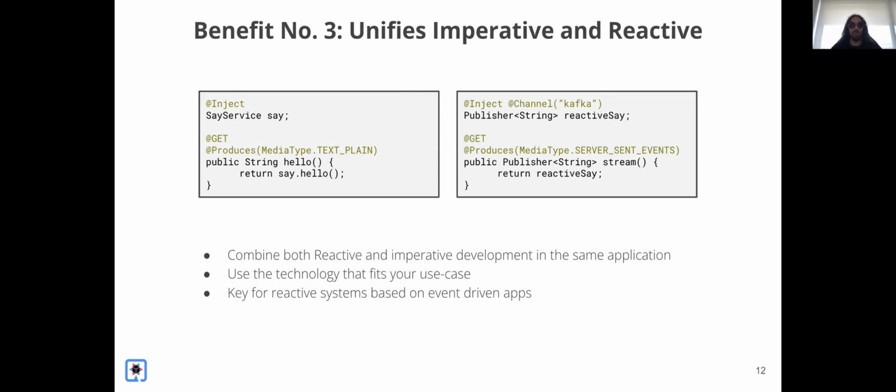And as you can see, there are no considerable differences between both programming models, right? They're very similar. So the idea here is if you want to change your application from imperative to reactive, you just change a couple of dependencies to use the reactive extensions of Quarkus, and you may have to adjust your endpoints here and there, of course, to use the proper constructs that reactive requires, but it shouldn't change so dramatically that it seems like you're writing a completely new application, right?